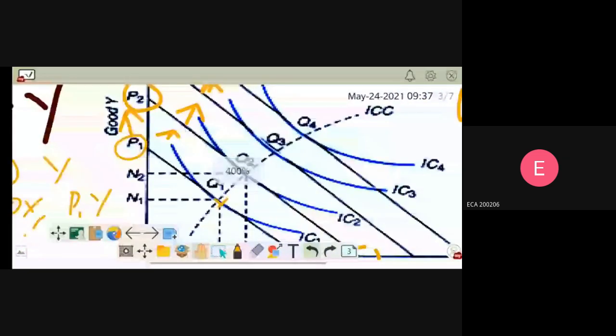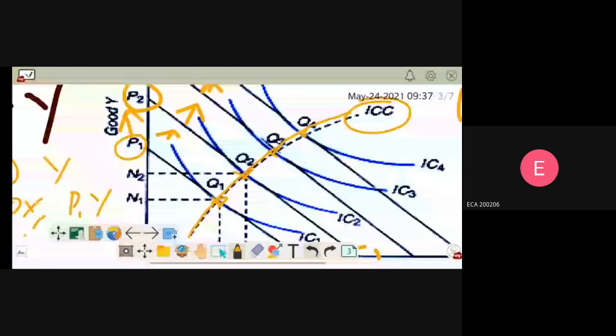Now, the important thing is that you could see different equilibrium points at different levels of income: Q1, Q2, Q3, and Q4. If we connect all these points, Q1, Q2, Q3, and Q4, and draw a curve joining all these points, we get the income consumption curve.